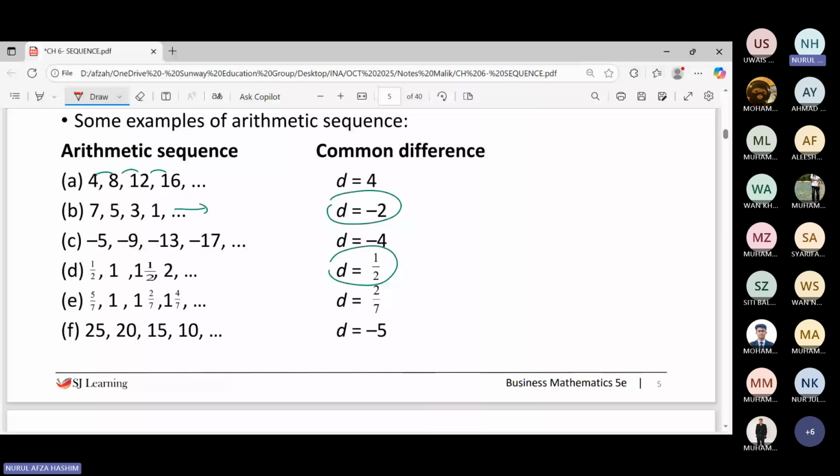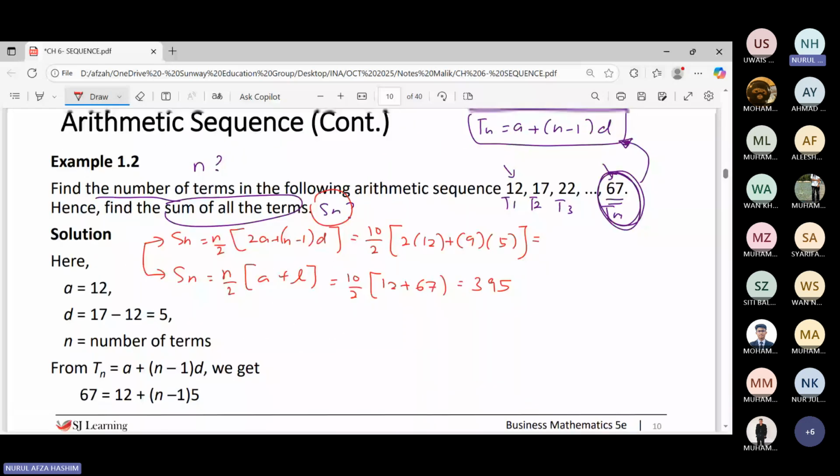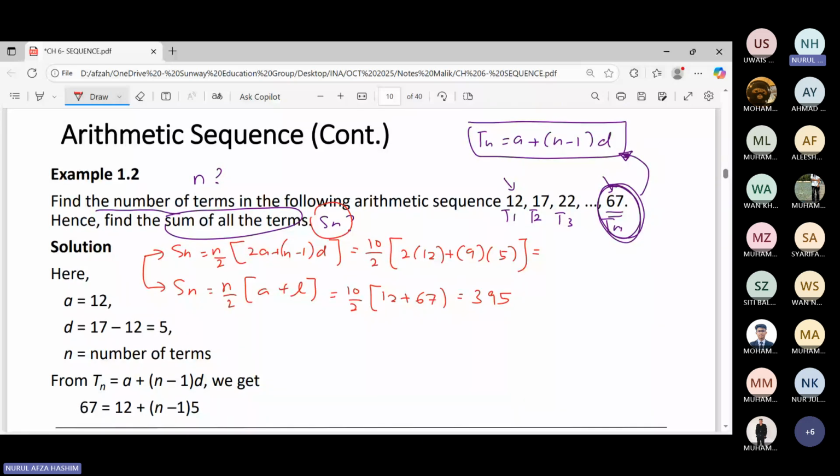N over 2, a plus l. A, the first number, plus L, the last number. 67 plus 12 is 79 times 2 times 5. 395.